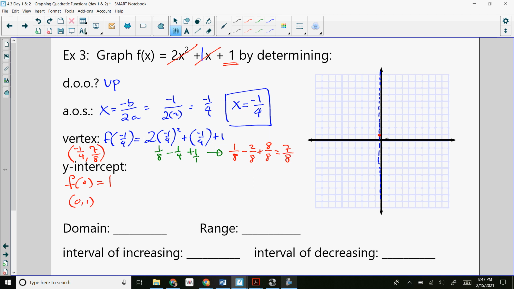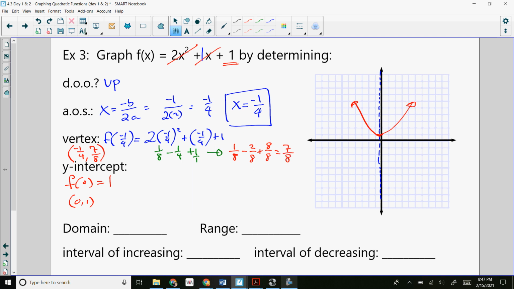So at 0, 1, again, really close here, 0, 1 is going to be our y-intercept. And then if I would go 1/4 in the other direction, it'd be about right there. Again, guys, this is a little bit tough to see, but you can kind of get the idea. This is going to make a parabola, kind of like that, probably.